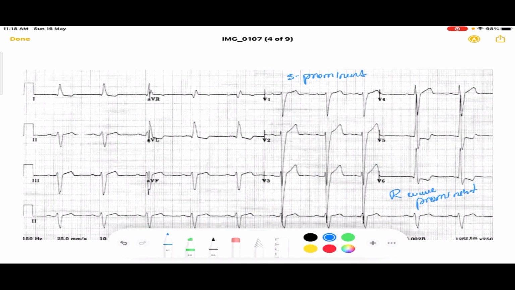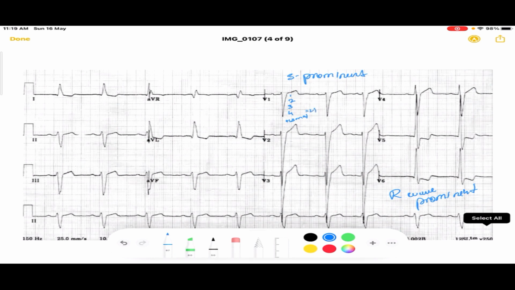Let's calculate the amplitude of the waves. Here for the S wave it is 1, 2, 3, 4 big squares plus 1 small square. Each big square has 5 small squares, so 4 into 5 is 20 plus 1 small square, it is 21. So still within 25 small squares.